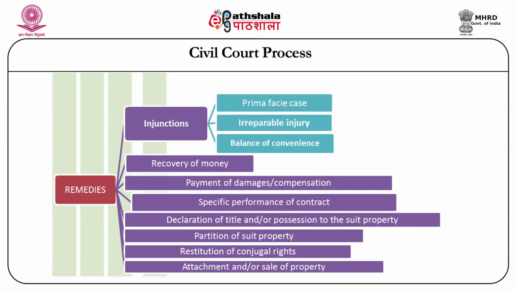Examples of some other remedies which can be sought in the civil process are recovery of money, payment of compensation, specific performance of contract, declaration of title or possession to the suit property, partition of suit property, restitution of conjugal rights, attachment or sale of property, and permanent injunction, as said before.